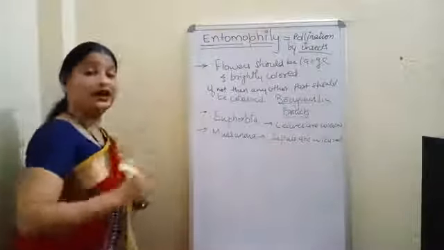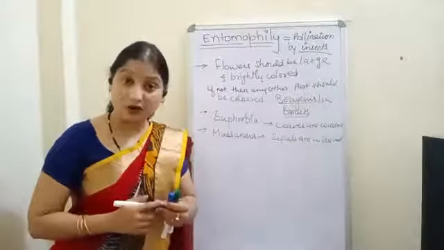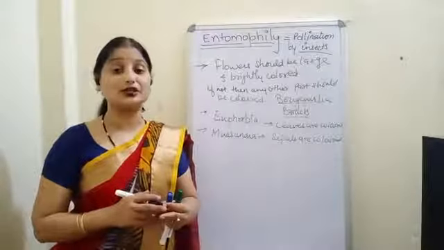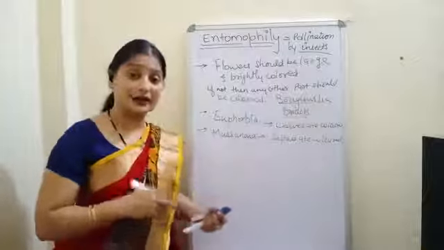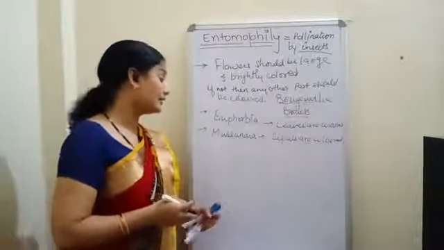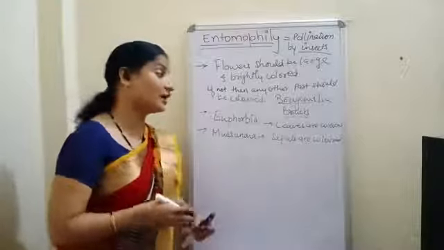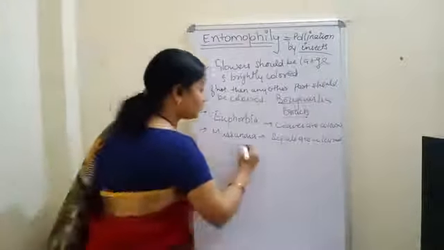Clear? So flowers should be large in size, and they should be colored. If they are not colored, then any part of the flower should be colored. Like in bougainvillea, the bracts are red or pink in color. In euphorbia, leaves are colored. And in Mussaenda, sepals are colored. Okay, this is the first point.